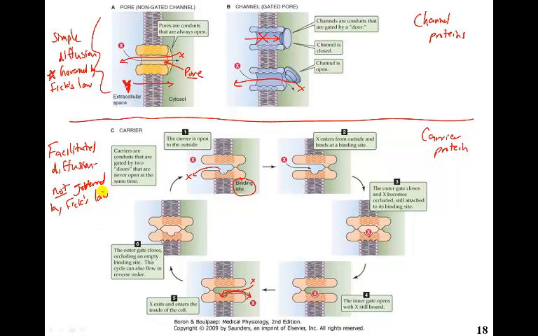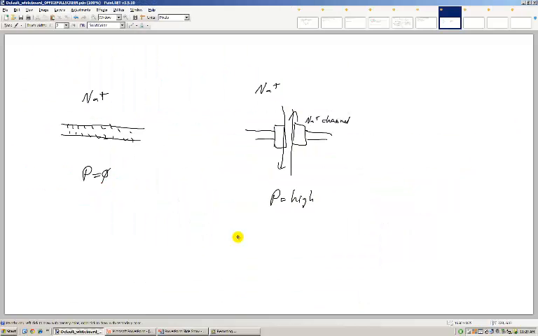And what is the main thing that distinguishes facilitated diffusion from simple diffusion? Here's the main difference: it's the need for X to bind to the binding site. And the problem is that there are only so many carrier proteins in the membrane, so there are only so many binding sites available.